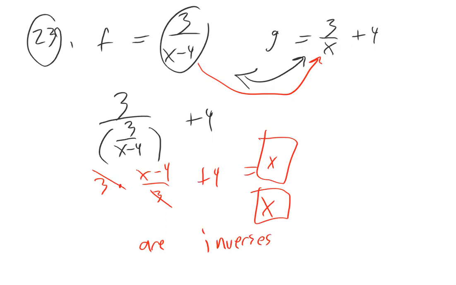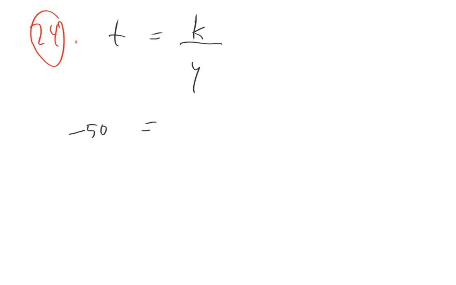Perfect. Now let's try 24. So problem 24 says t is equal to a proportionality constant, inversely means divided by y, and then it says t is negative 50 when y equals 2.